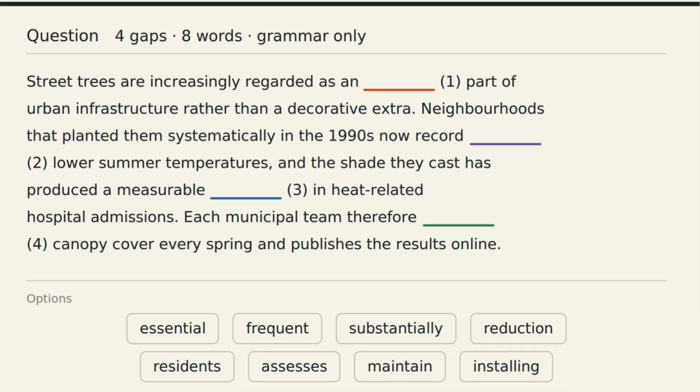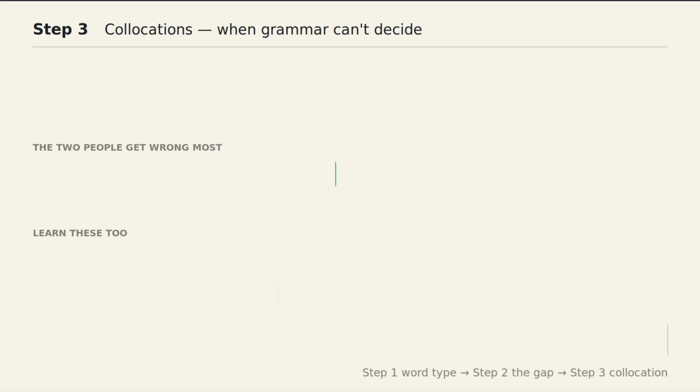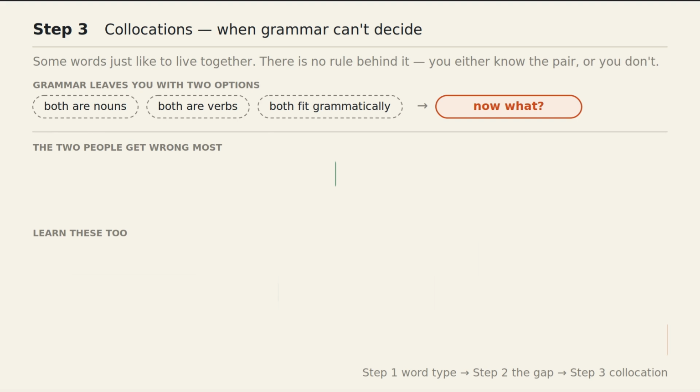Okay, so for gaps done, and notice something. We didn't really use meaning, but in a real PTE test, sometimes grammar leaves you with two options. Maybe both are nouns, maybe both are verbs, maybe both fit grammatically. Now what? That's when we move to step 3, collocation. And honestly, this is where English becomes much more about memory, because some words just like to live together.